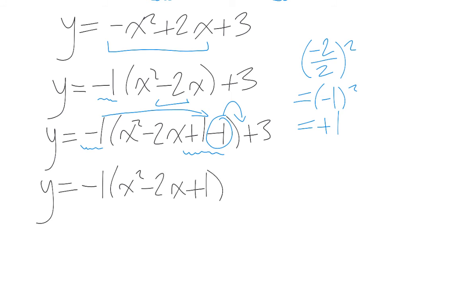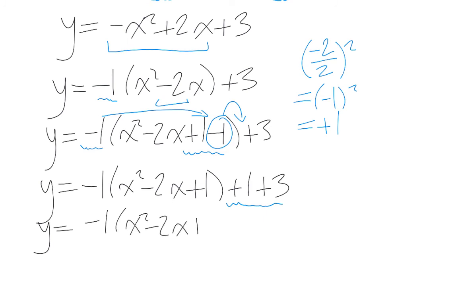So -1 multiplied by -1 is +1. And the +3 stays exactly the same. At this point, you can just simplify some of these numbers. So +1 plus 3 is just +4.